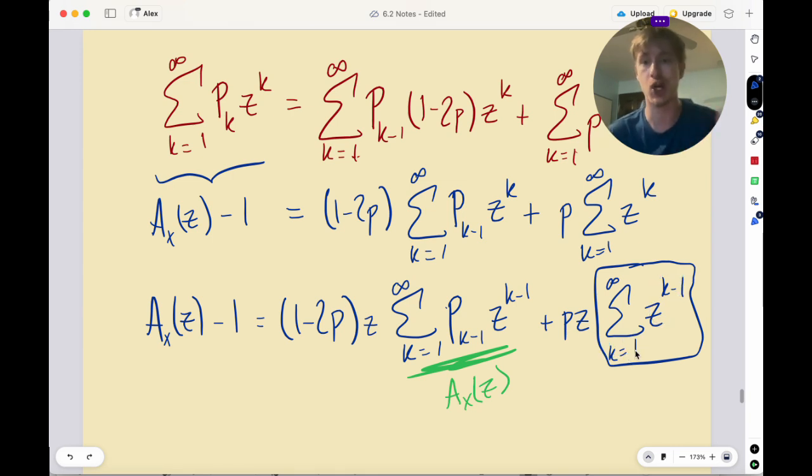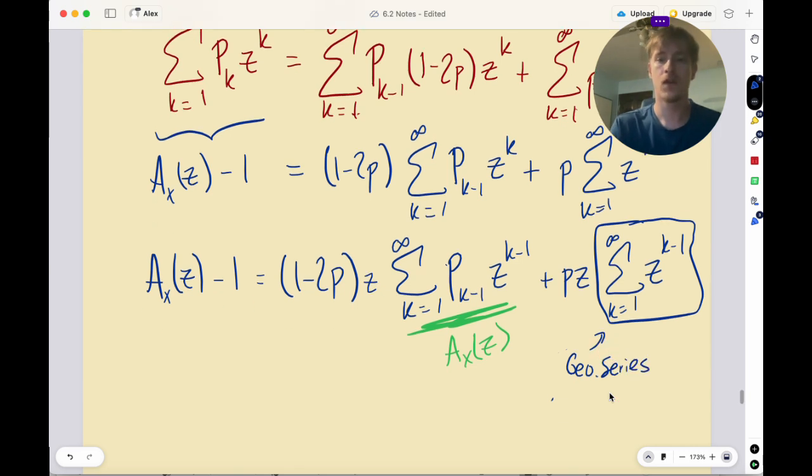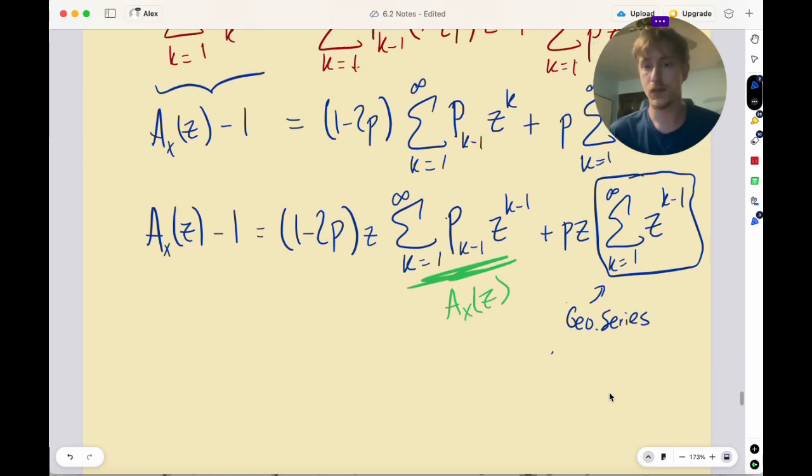If you write out the terms, we are now summing starting from z to the 0th power plus z to the 1st power, z to the 2nd power. So we are including all the powers. If you need to, you can rewrite this as the sum from k equals 0 to infinity of z to the k, but I think it's pretty clear that this is just shifted a little bit. So this is just a geometric series, which is 1 over 1 minus z.